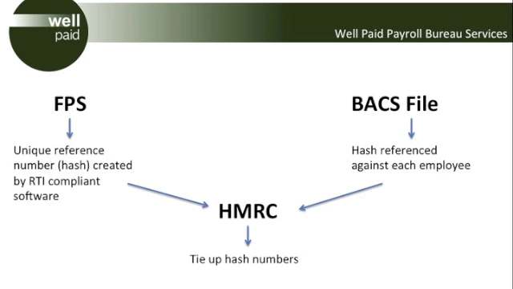BACS will then forward information from the BACS file to HMRC using these random generated numbers to identify employees. And HMRC will tie the information from both submissions together.